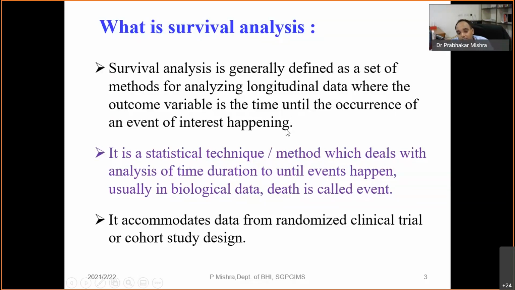It means we follow the patient until a particular event happens. We pre-decide an event, a condition that we consider as an event, and we follow the patient up to that event. The event may be death, or recurrence of the disease.